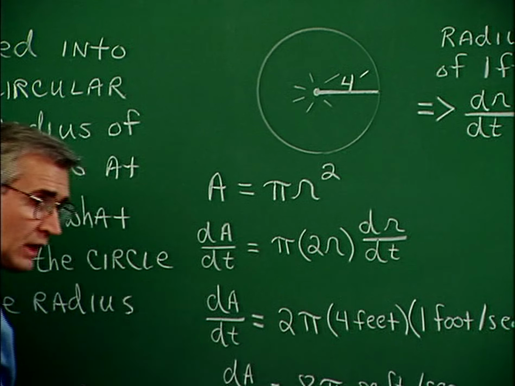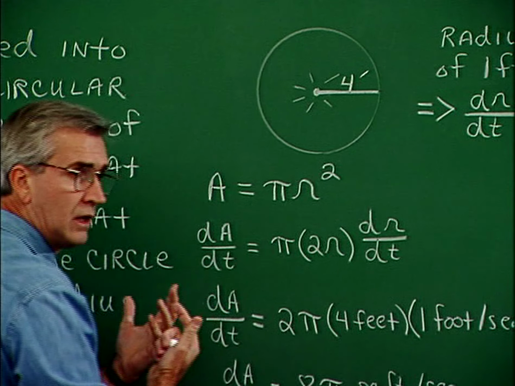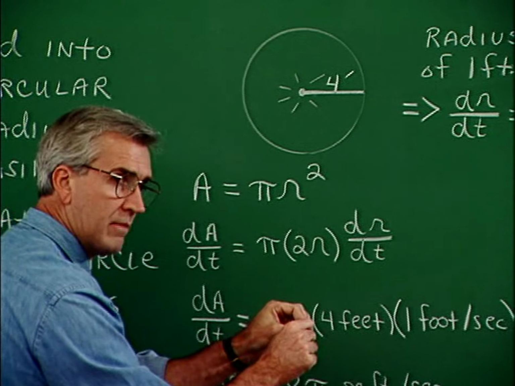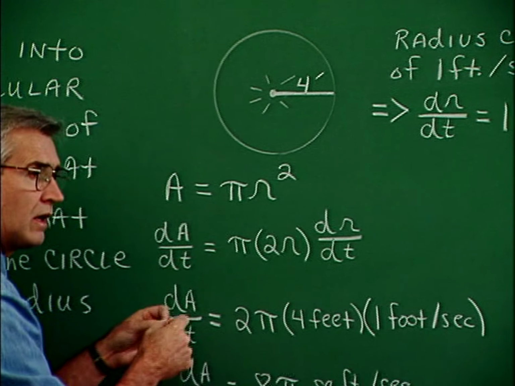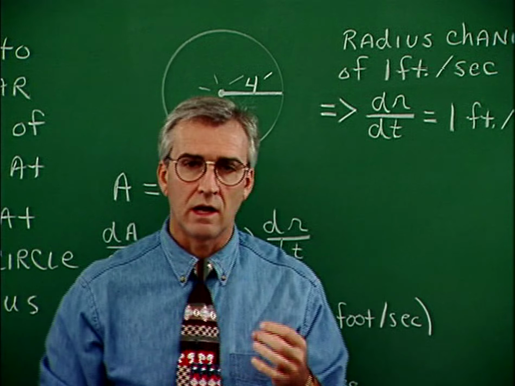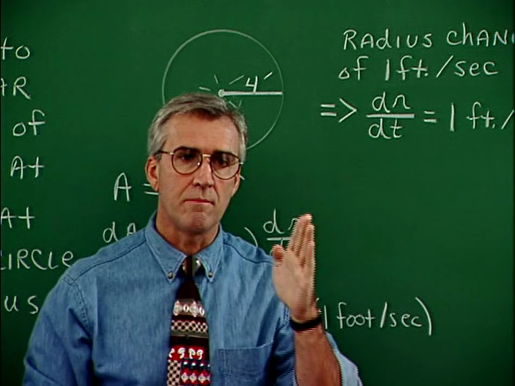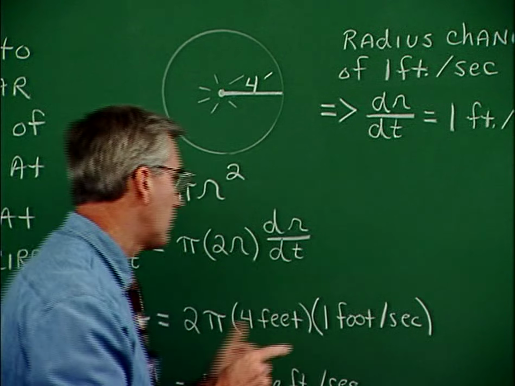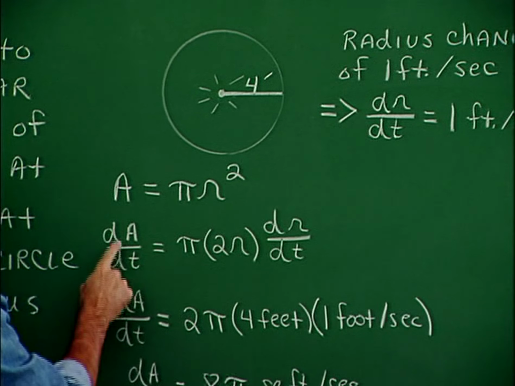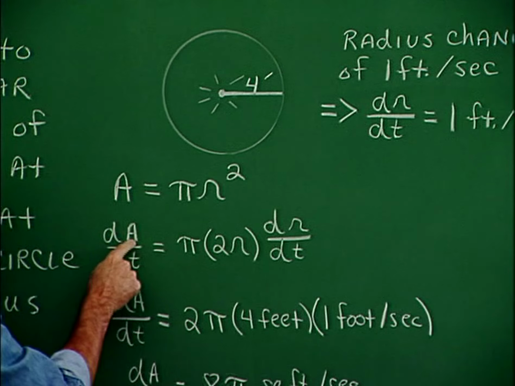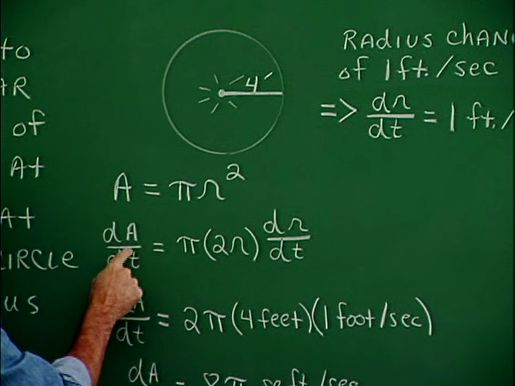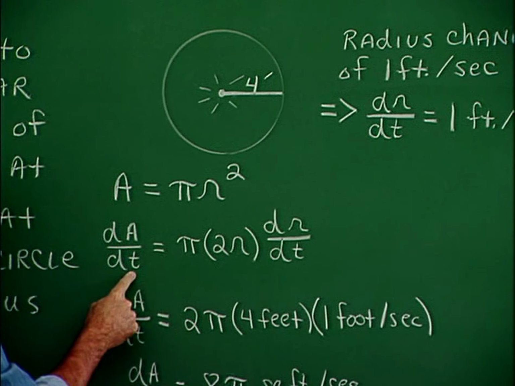Okay, so area is pi r squared. Now, implicitly differentiate on both sides according to time. This rate that we're talking about is a rate at a moment in time. So we are differentiating with respect to t. And so here we have dA dt, the change in area at a moment in time, or with respect to time.